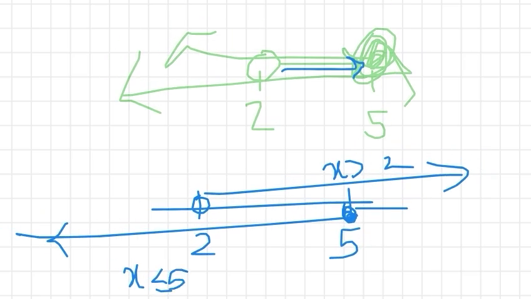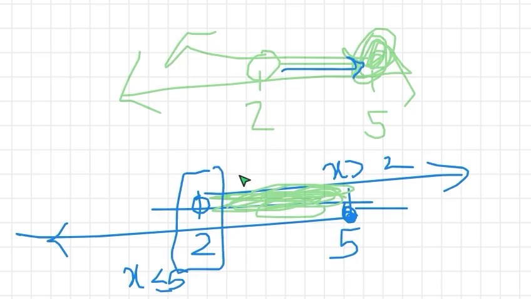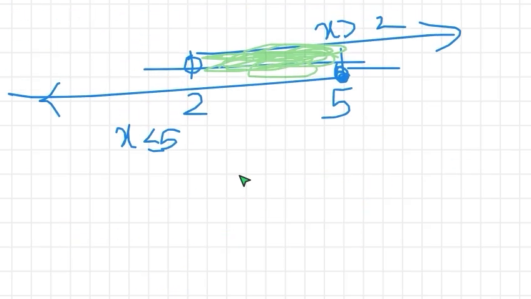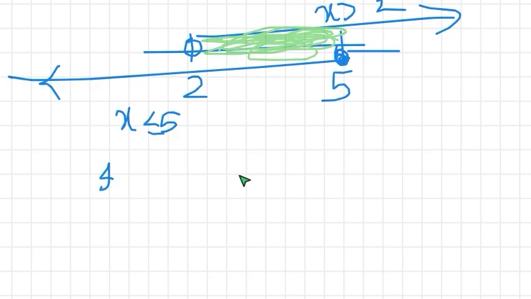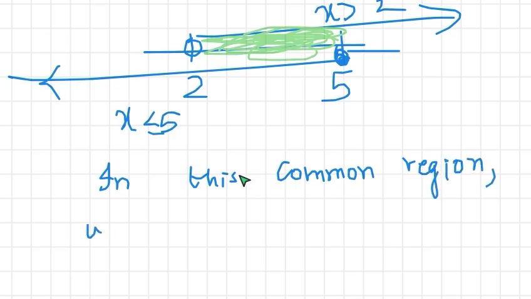So the common region, can you highlight between the two? Was 2 included in this common region, or should it be included?